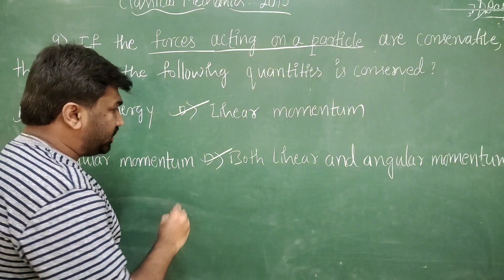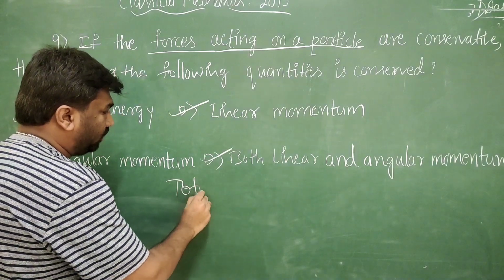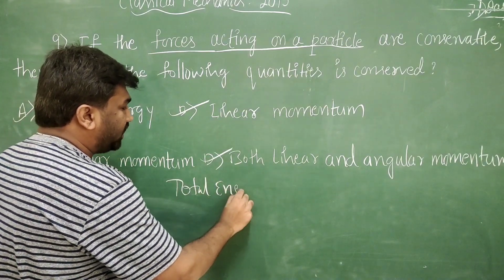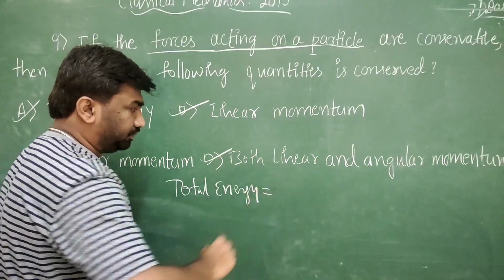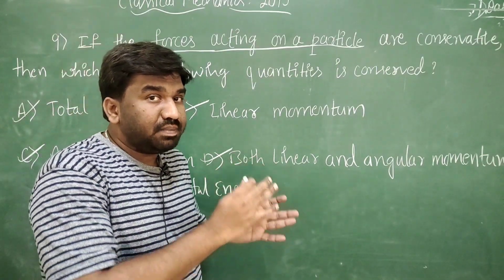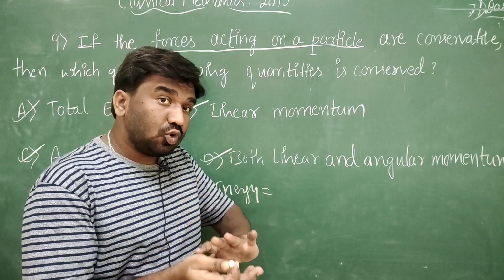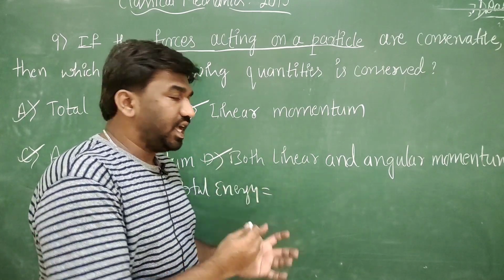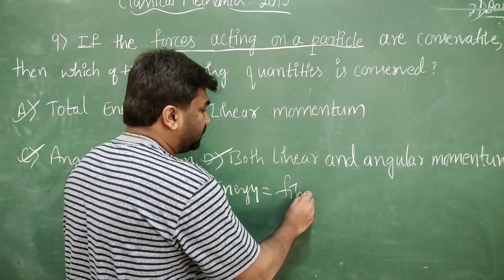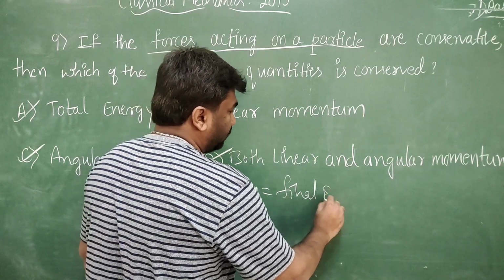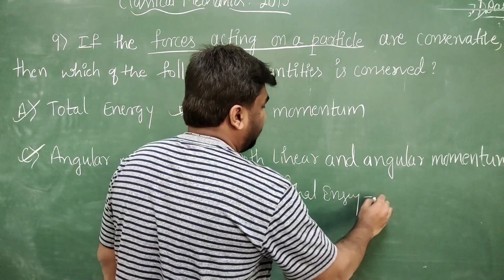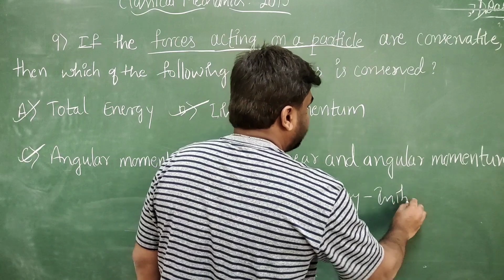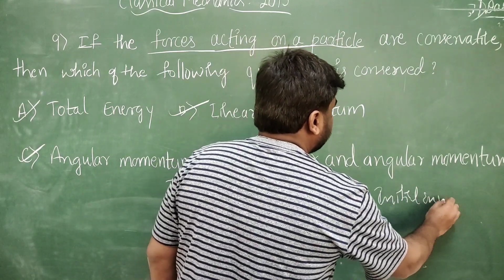So what is total energy? Total energy is nothing but final energy minus initial energy. You can also represent the total energy as final energy minus initial energy.